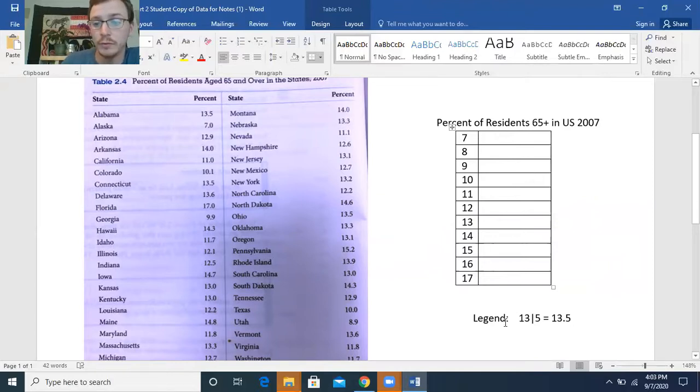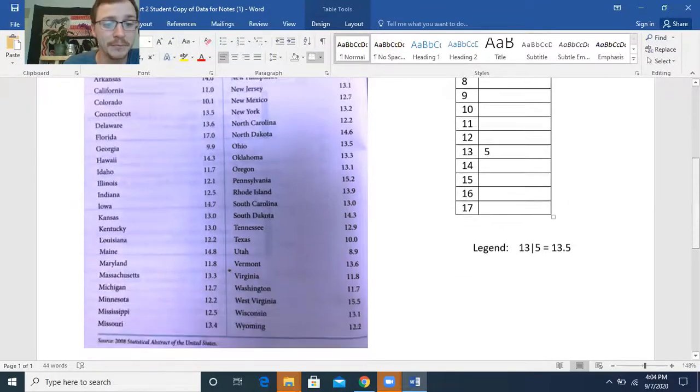Now, whenever you read this, like 13 and then dash of 5, that would just be the equivalent of 13.5. So whenever I'm creating this table right here, to do this, I'd say 13.5, okay, space, or you can use a comma, it does not matter. So then you've got to record this for each one, and it makes it a little bit easier to see what's going on. So what I'm going to do is I'm going to do the left-hand side.